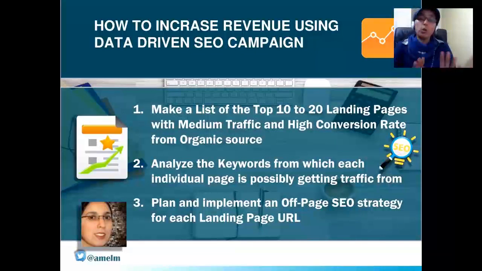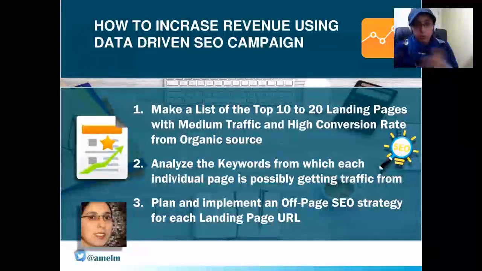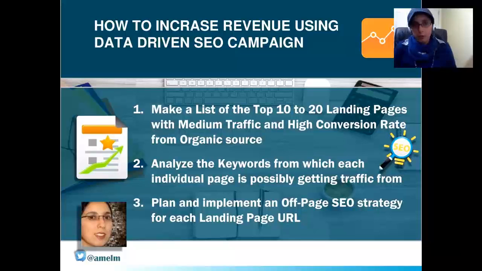So you decide how many pages you want to focus on, but usually it's better to focus on a small bulk and create a strategy for these 10, 20 pages one by one, instead of trying to focus on 100 or 200 pages. It's more complex. So start with 10 to 20 landing pages.